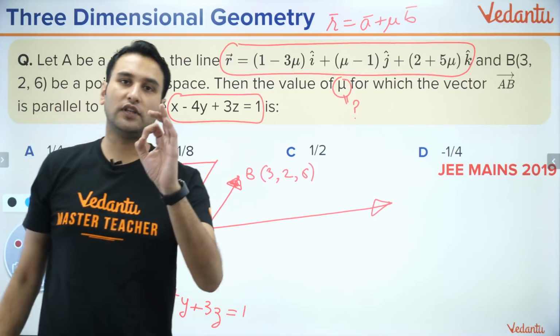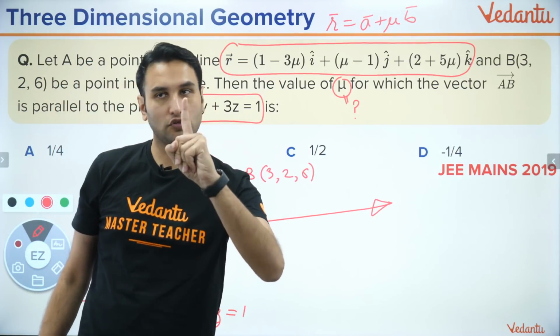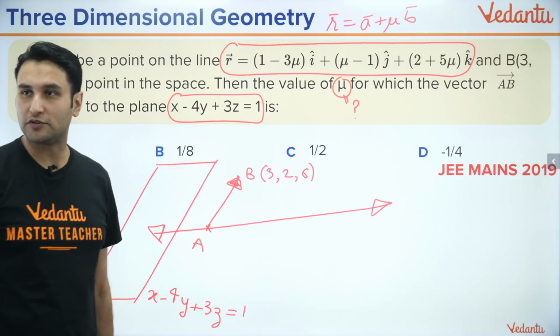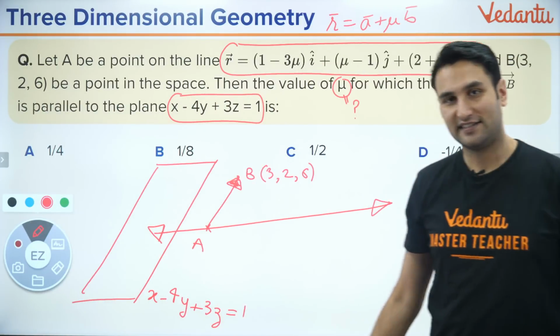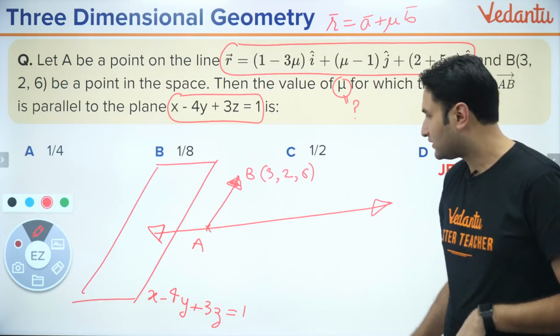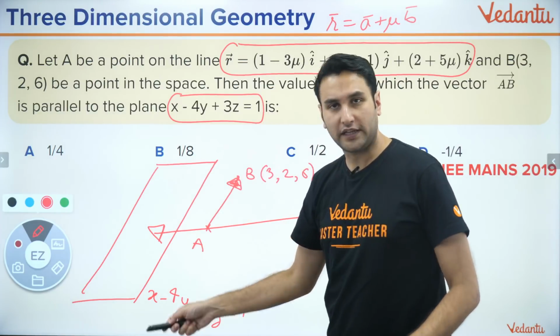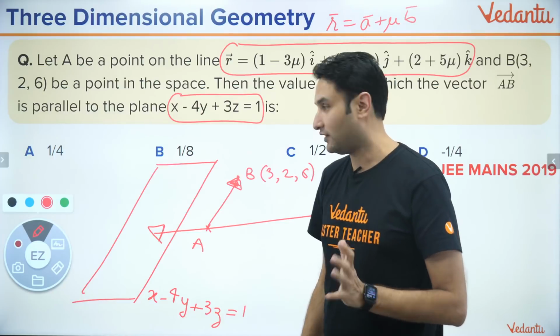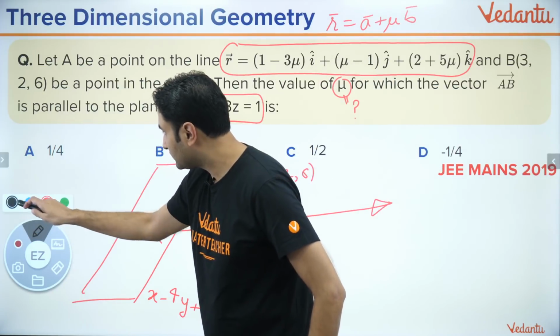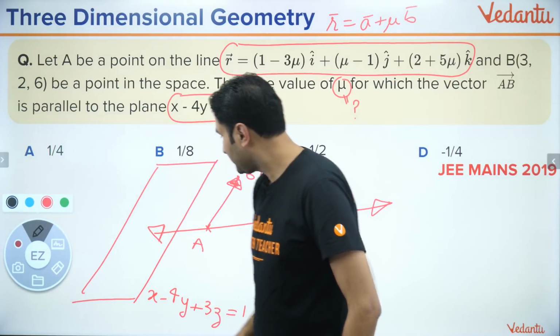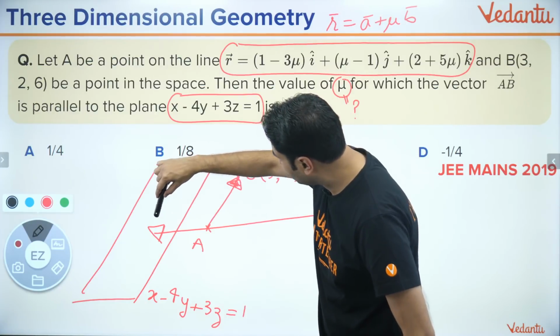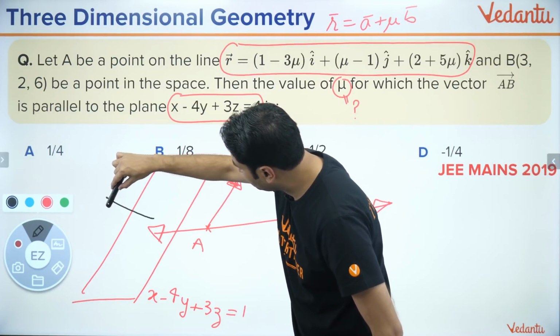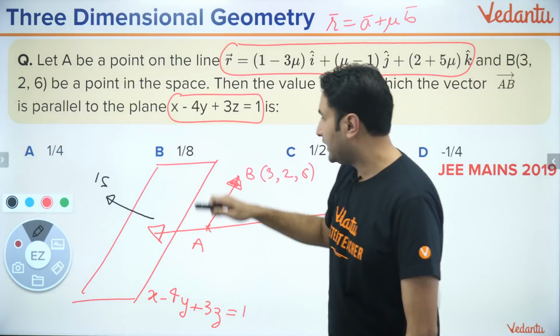Now you need only one variable, so one relation is needed. Did you understand? What do we do? It's very simple. Since AB is parallel to the plane, AB must be perpendicular to the normal of the plane. There is the normal of the plane, the N vector.